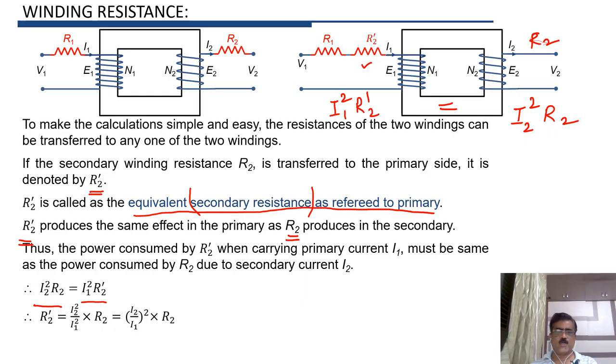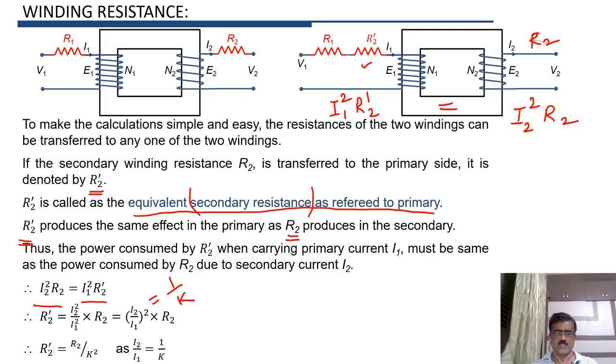But what is I2 upon I1? We have seen the transformation ratio K. K is nothing but I1 upon I2, and therefore I2 upon I1 is nothing but 1 upon K. So the value of R2 dash is R2 upon K square, because I2 upon I1 is equal to 1 upon K.